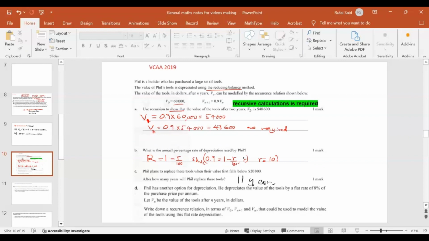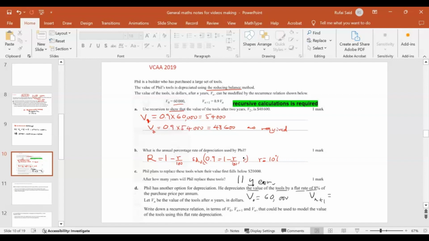All right, now this one here, we're going to do the same thing again, but with a flat rate. If you're using a flat rate for the value of the tools, the initial cost is 60,000 and that doesn't change.